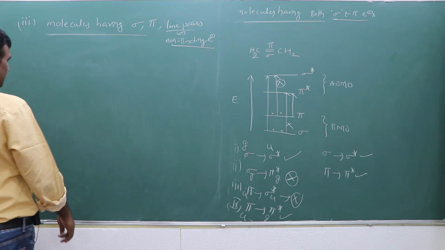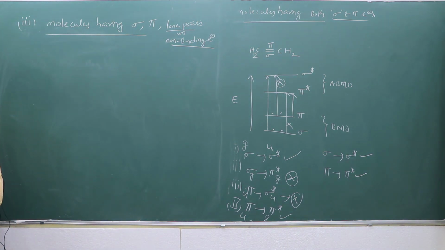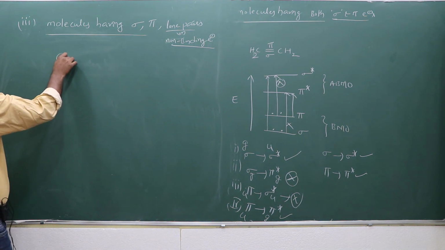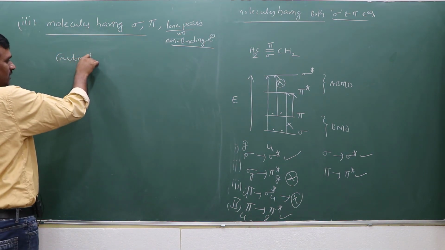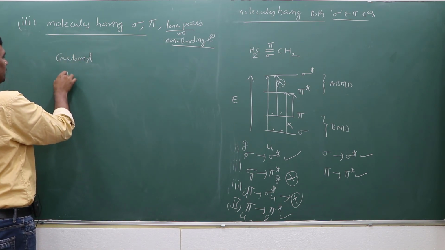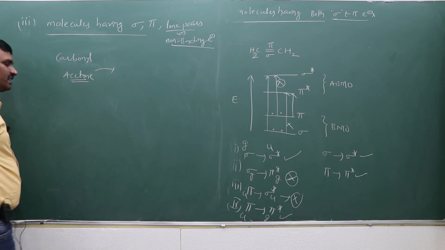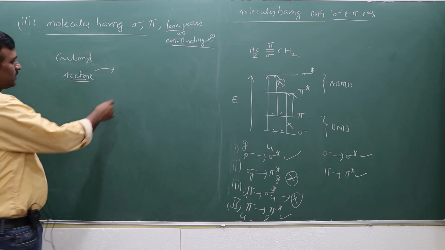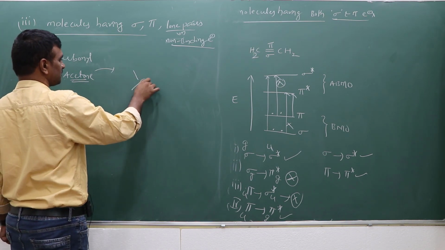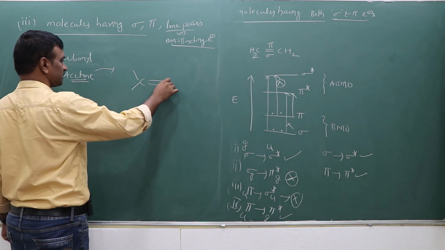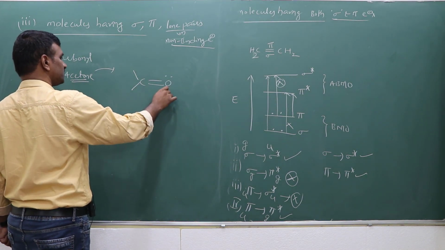How can we say that? Listen. For example, carbonyl is the best example, or simply I can take the acetone molecule. Here how many lone pairs are there?